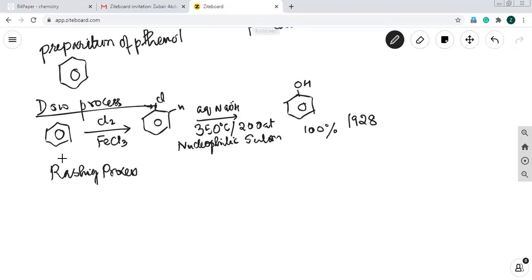Phenol manufacture by the Raschig process is a catalytic process where you are doing the same job. The job is just the same. Instead of using chlorine, you are using a cheaper reagent, HCl.